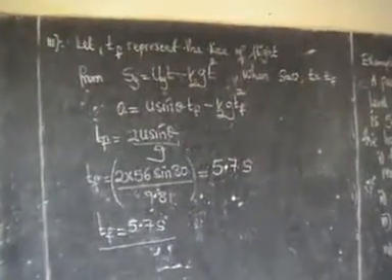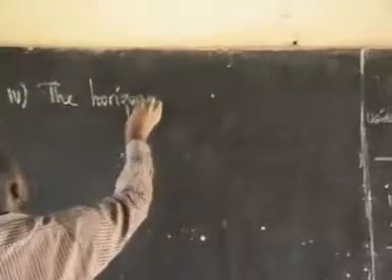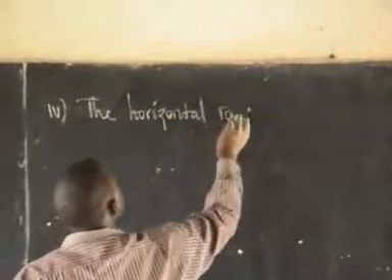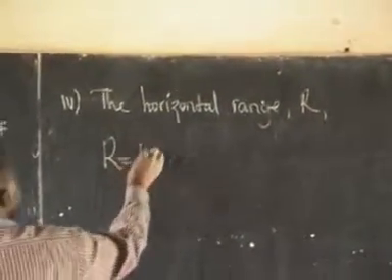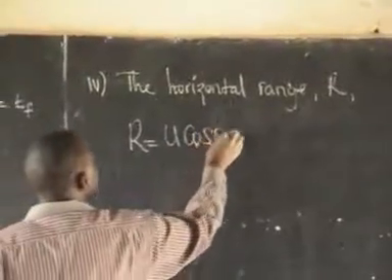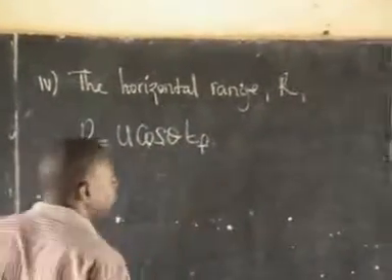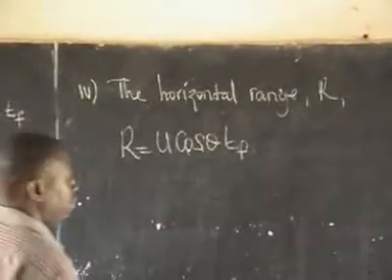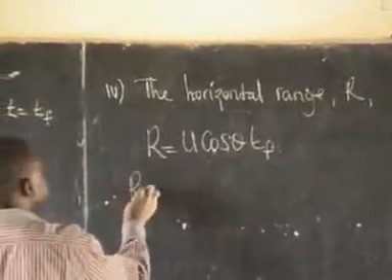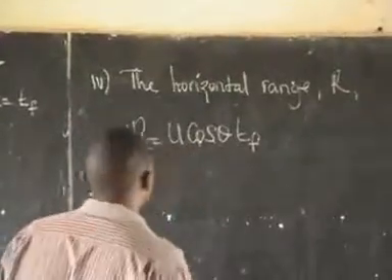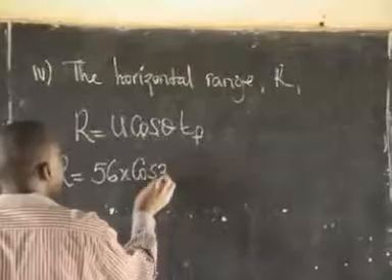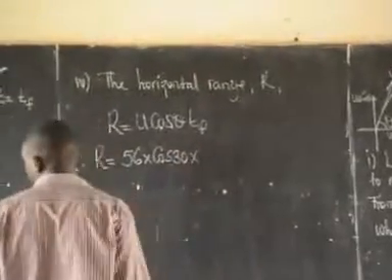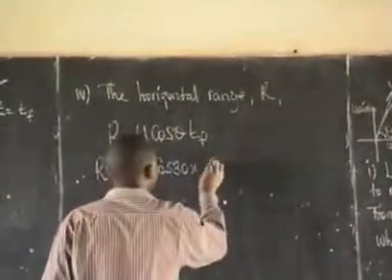For the horizontal range, which I'm calling R, R is equal to U cos theta TF, where TF is the time of flight. When you substitute, your U is 56 cos 30 times my TF, which is 5.7.